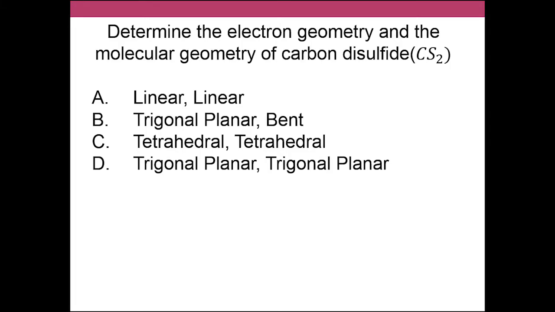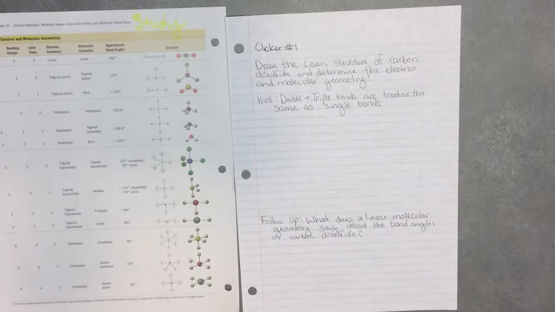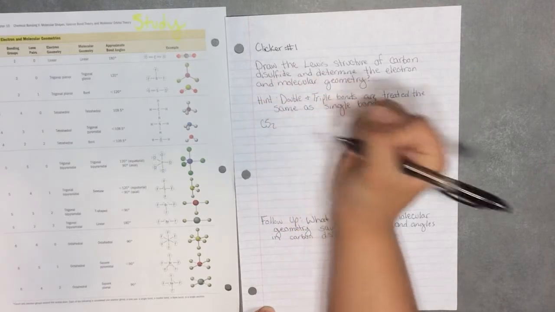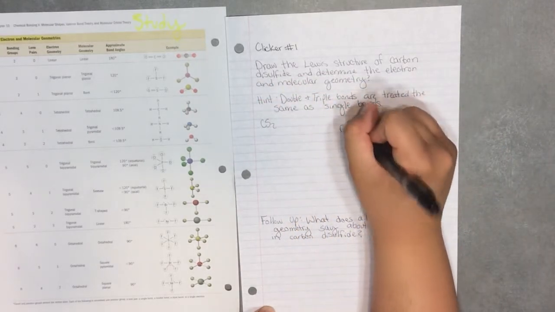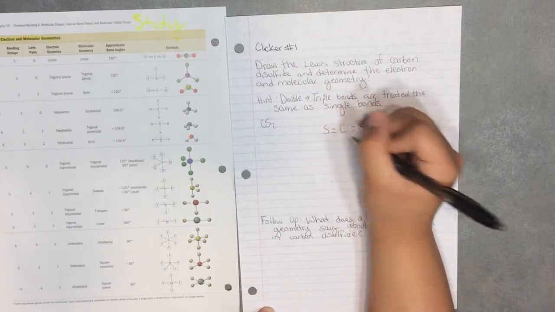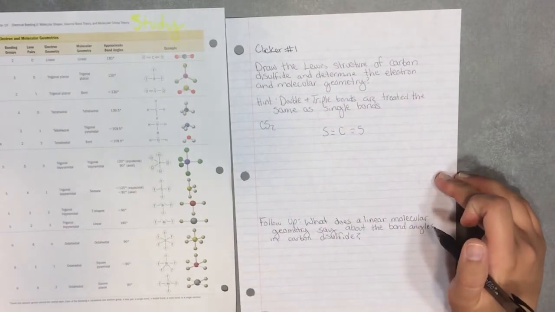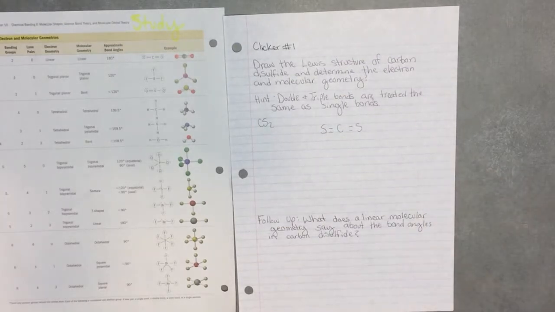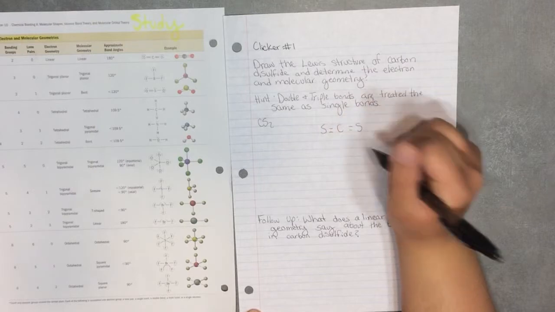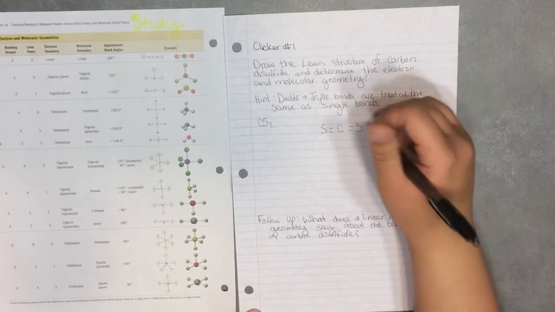Electron geometry and the molecular geometry of carbon disulfide. To start working out this clicker problem, we're going to write the molecular structure of carbon disulfide, which is CS2. The Lewis structure will then tell us that the carbon is double bonded to the sulfur atoms. With the sulfur atoms being double bonded, this bond is treated just like a single bond would be.